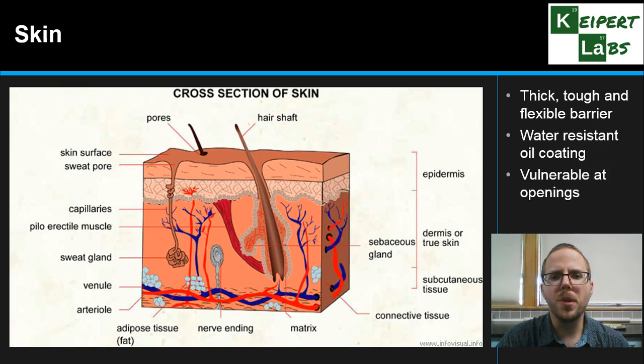But it is vulnerable at openings, so around your eyes, your mouth, your nose. So think about your ears, and in your genital area. It is also vulnerable if you get a cut. One of the reasons that we'd put a band-aid on or bandage a wound that you might have is to prevent the possibility of pathogens invading. You don't want to get an infection at that site.